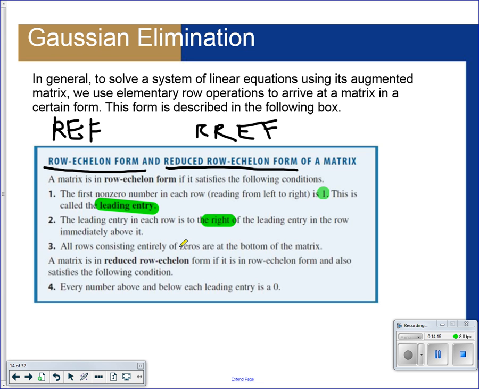If you have a row of zeros, those are going to be at the bottom. And the difference between that and reduced row echelon form is that every number above and below each leading entry is going to be 0.